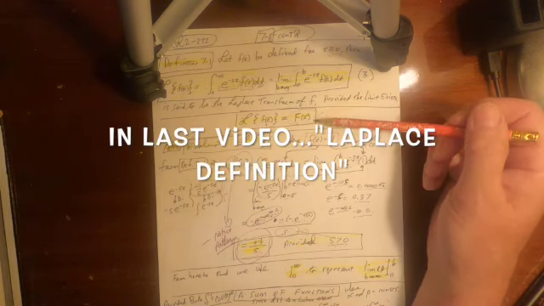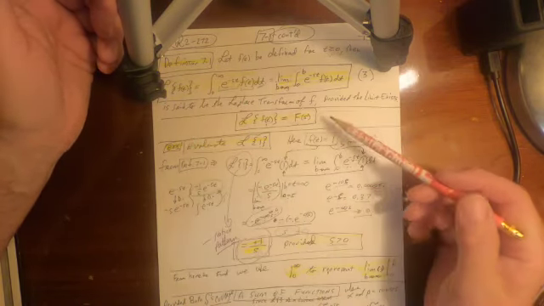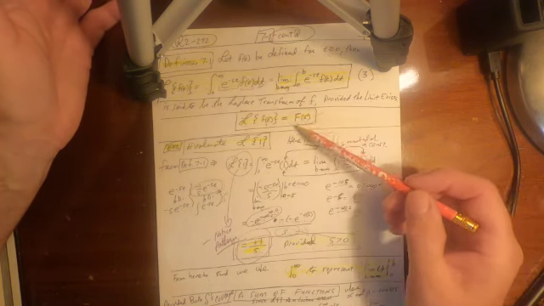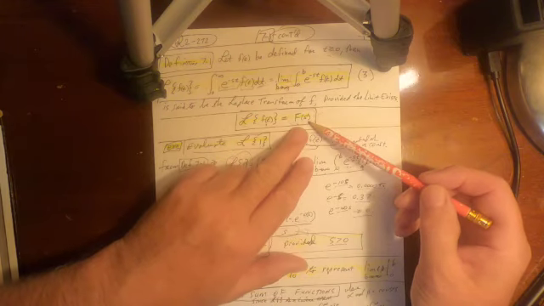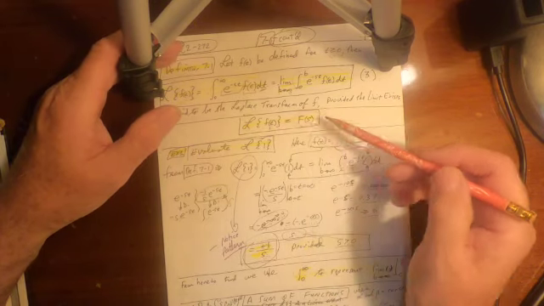All right, we left off with the first video on this topic, which was the definition of the Laplace, which is an integral, and it transforms us into a new domain, an F of s domain, where we can resolve our differential equation.